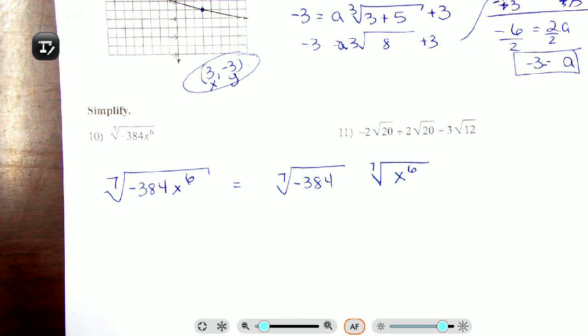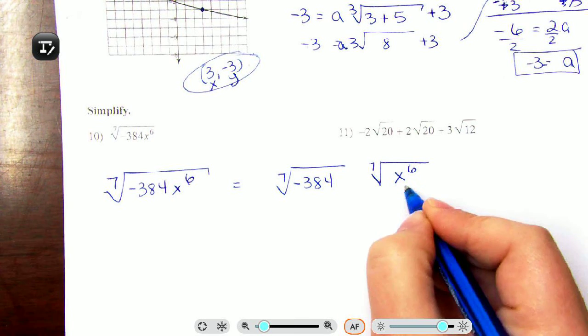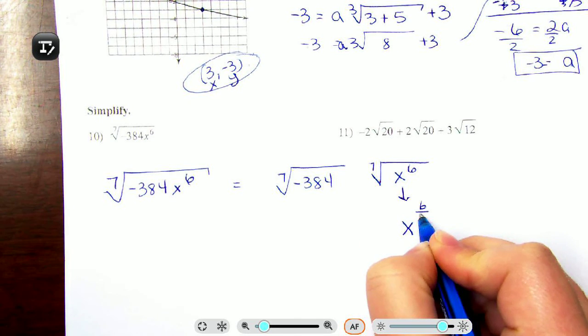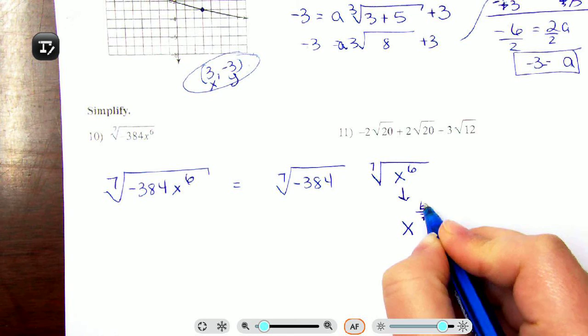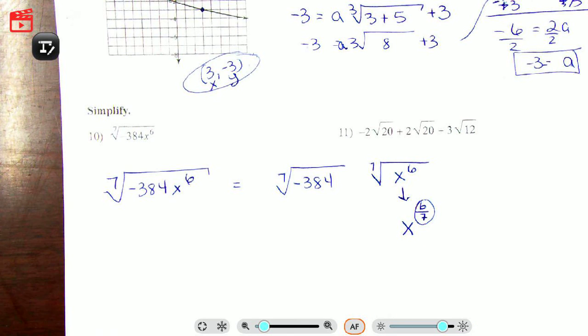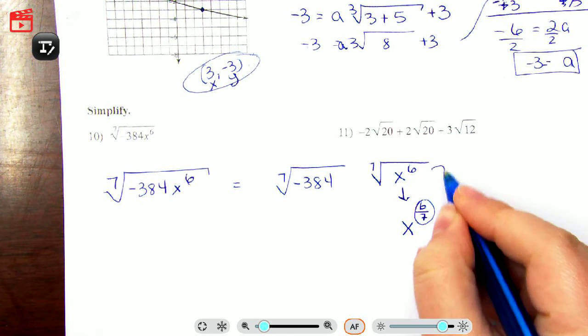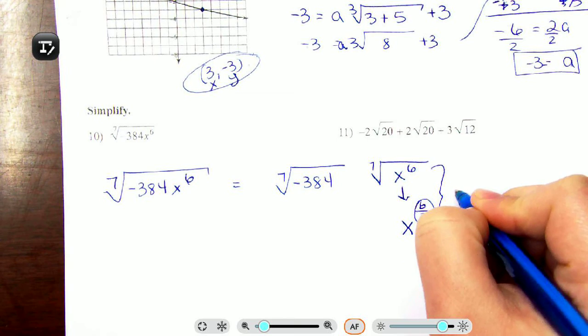Okay. Here's the thing. This right here can be rewritten as a fraction, which is x to the 6/7 power. But because this is less than 1, in order for this to be 1, we'd have to have at least 7/7. Because this is less than 1, we know that this right here cannot be simplified.